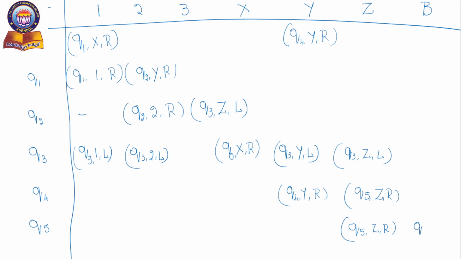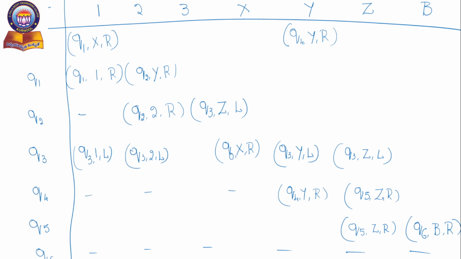If blank is read by the machine being in the Q5 state, it indicates that the string is in the correct format and all the symbols have been changed to X, Y, Z. So we will enter into the state Q6, make it the final state, and that blank will be kept as the blank only and move towards the right side direction. So Q6 is the final state. There will be no movements from the final state. So keep all the blanks here.